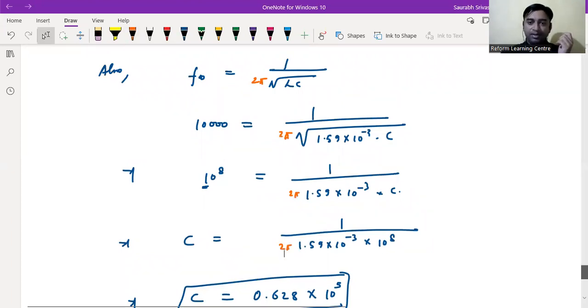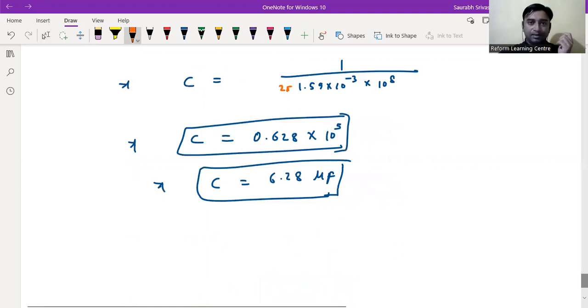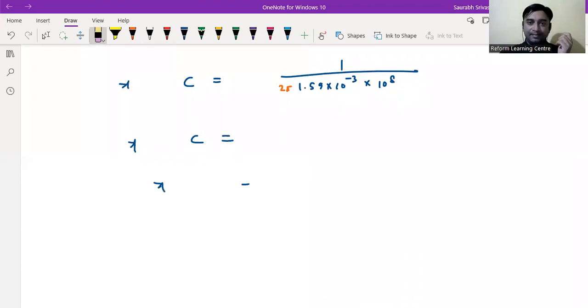Now this will be equal to correct. आपका आंसर सही था. मेगा फैराड होगा ना सर ये? माइक्रोफैराड होगा ना. 10 to the minus 6 तो माइक्रो है ना. 10 to the positive 5 आ रहा है. डिनोमिनेटर में पॉजिटिव आ रहा है ना, ऊपर जाकर नेगेटिव हो जाएगा. आप पॉजिटिव वाला लिख दिया था इसलिए.